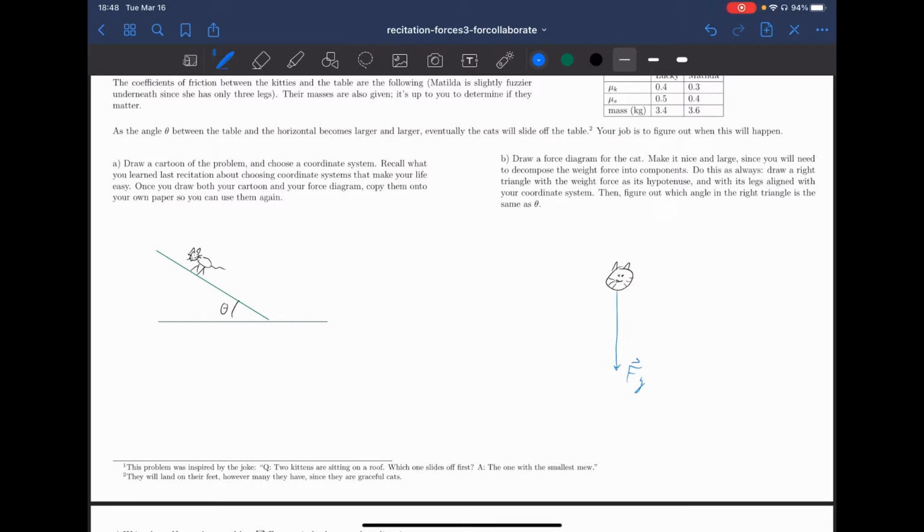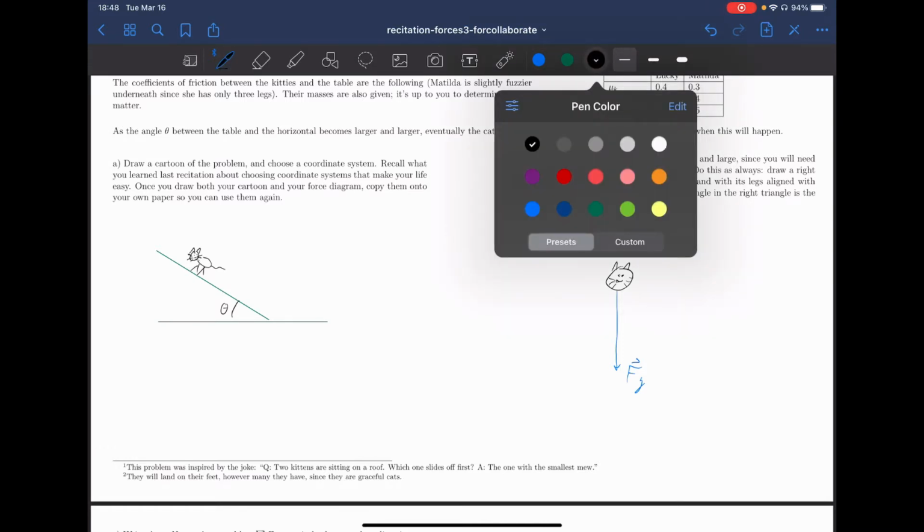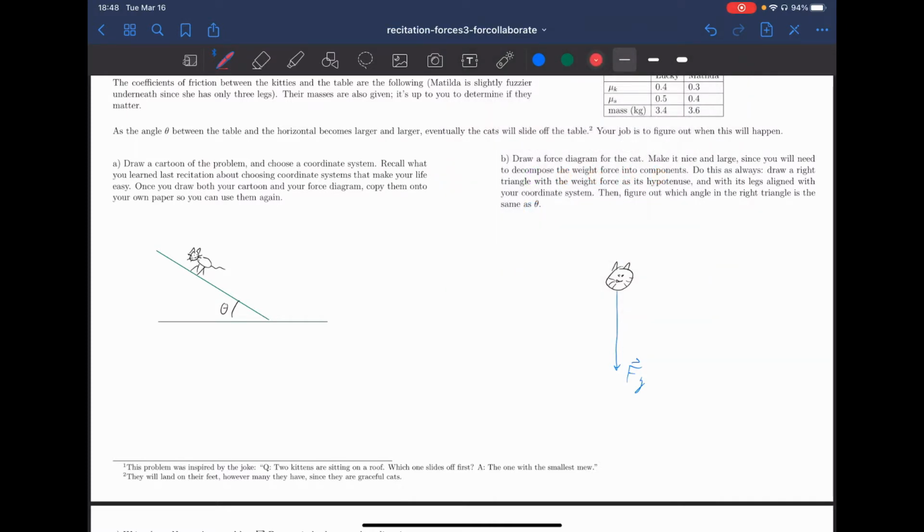So one thing I didn't do right away, but we should do, is think about our coordinate system. In this situation, it's going to be advantageous to use a tilted coordinate system, where if we have our table, we can write our coordinate system tilted such that our y-axis is now pointing this way, and our x-axis is pointing this way.